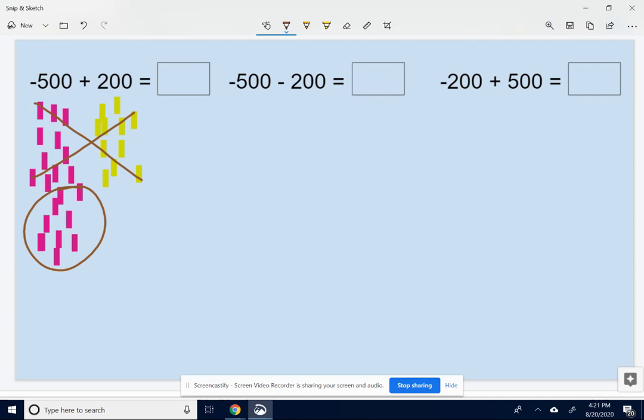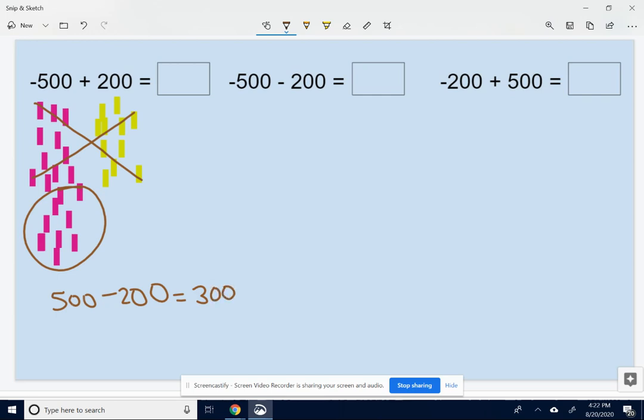If you want to know by how much, what you're really doing is comparing the two piles. You have a really big pile and a smaller pile, and I want to know how much bigger one pile is compared to the other. When you compare two things, you just use subtraction. So I'm going to take the 500 minus the 200 to give me how much bigger the red pile is.